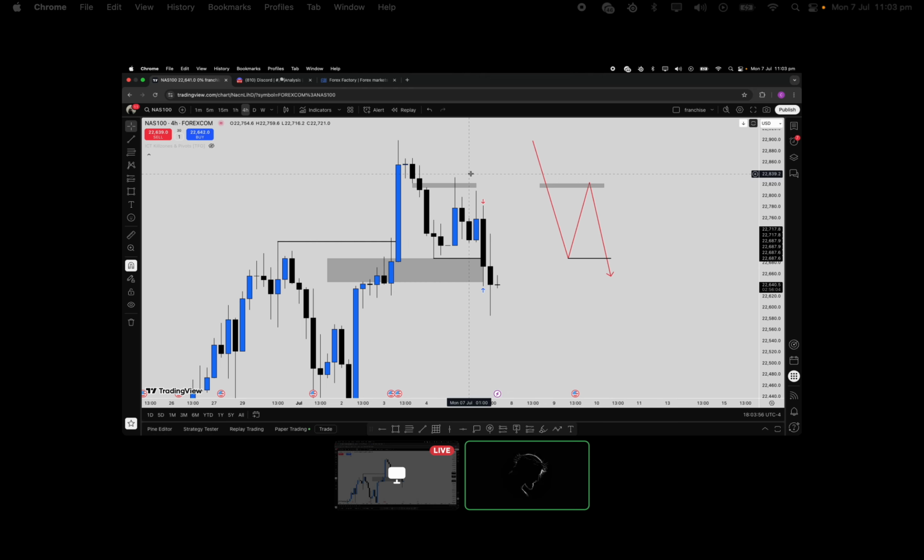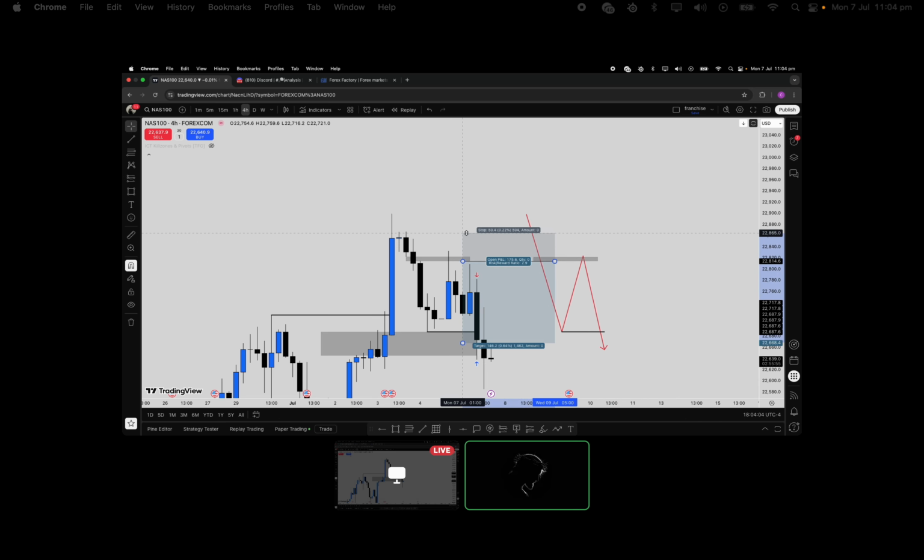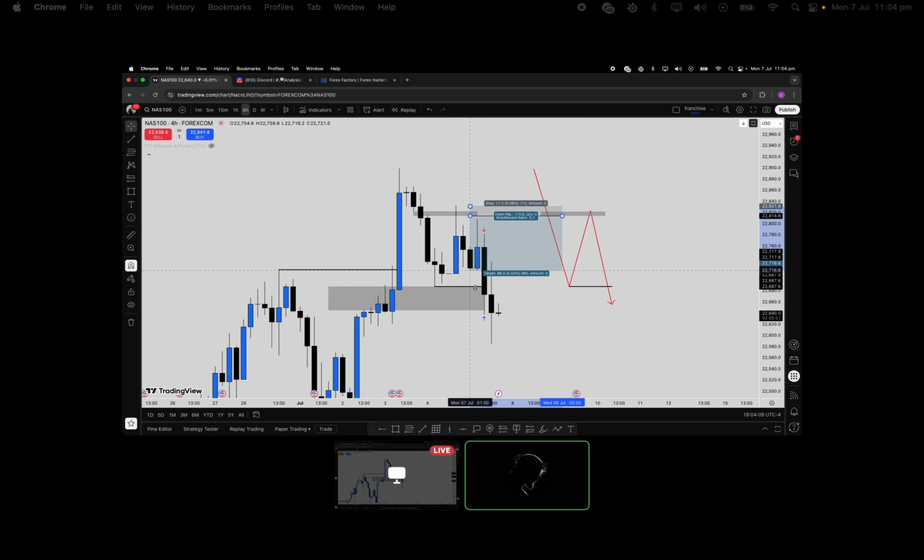Obviously this is 4 hour candles, so unless you're a swing trader, you're not going to be trading this. But if you're confident, obviously you could have just shorted, put the stop at the high after, targeted.